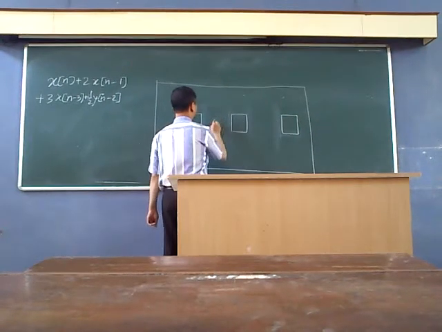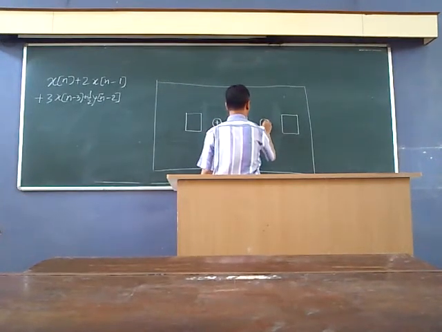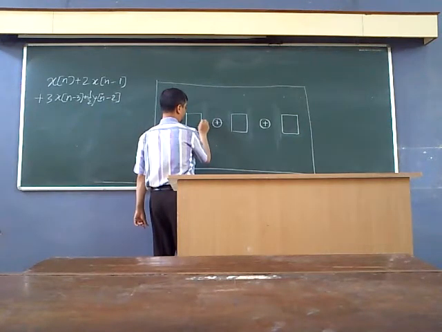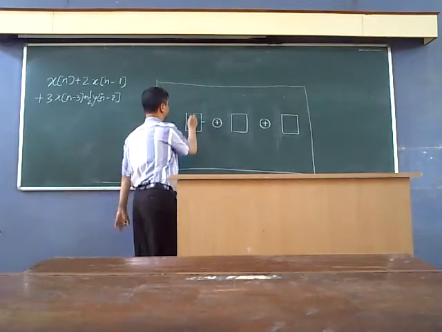So there will be something like this. Some adder like that. So let us try to have one by one.